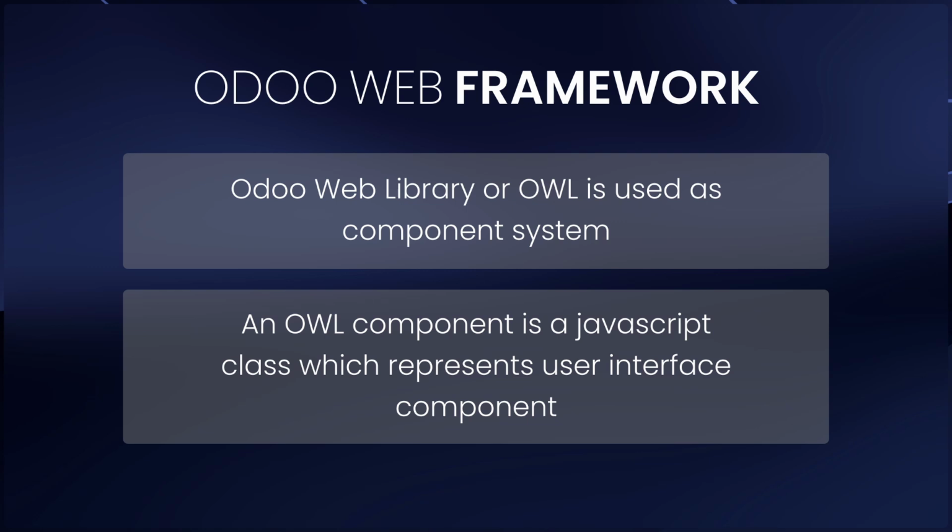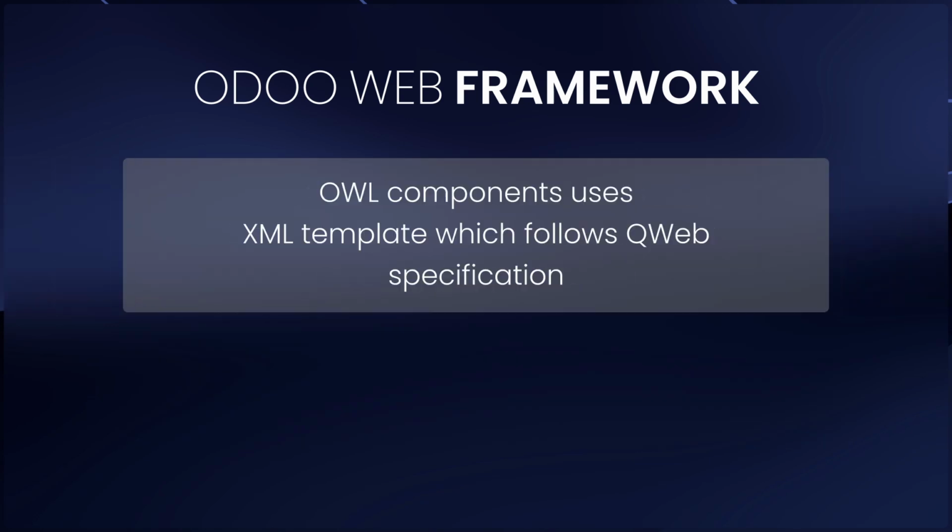In essence, an OWL component is a JavaScript class that represents a user interface component. To create complex modules, there are many details about OWL you'll need to learn. However, for now, it's sufficient to understand two key aspects. First, an OWL component requires an XML template to declare how it will be rendered, which follows the QWeb specification with additional directives specific to OWL, such as t-on directives.